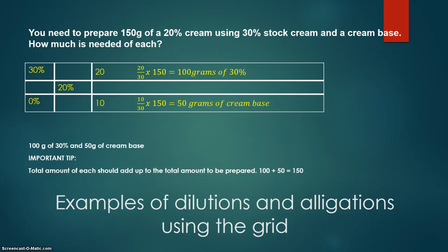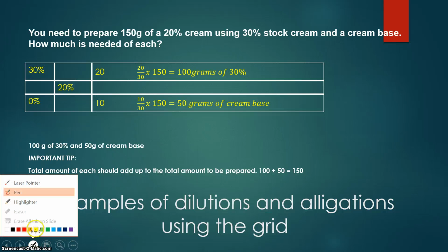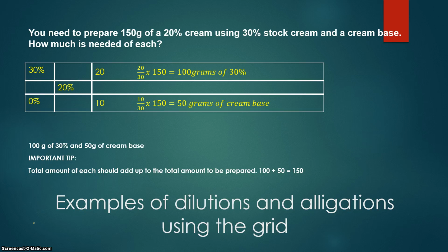Now, we start off with 30% stock cream and a cream base. If you have a base, it's usually automatically 0% because it has no activity. And then you have a 30% stock cream. So you set up the alligation grid, and in the upper left-hand corner, the first box, goes your higher percentage that you start off with.